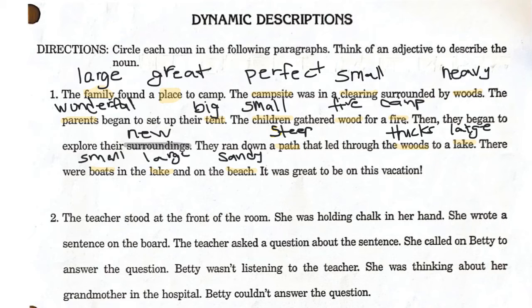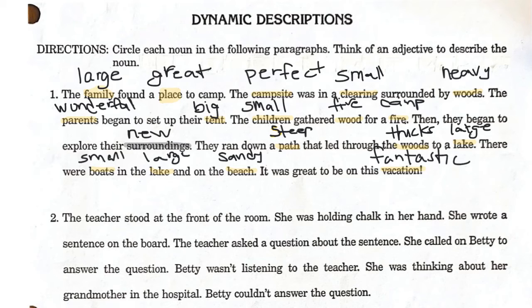Now, it was great to be on this vacation. So vacation is the only noun in this. We have to say what kind of a vacation. This fantastic vacation. So that's the first paragraph.